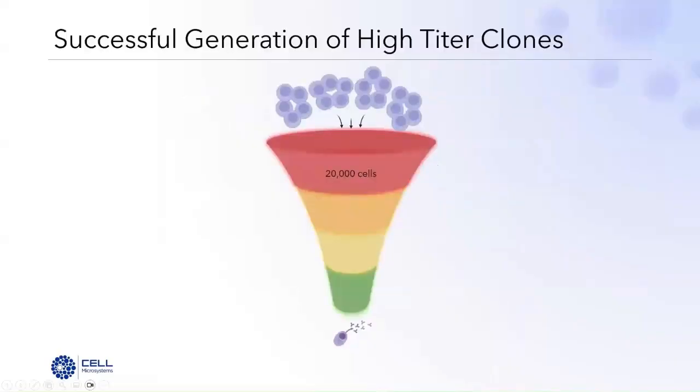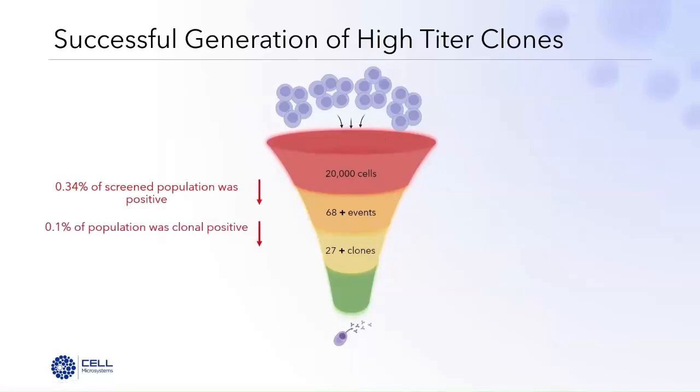So to really highlight the scope of what we did in this workflow and the importance of filling that funnel I told you about at the beginning, in this workflow we started with 20,000 parental cells. On our consumable, there were only 68 positive events for antibody secretion. That represents 0.34% of the total population that was still antibody secreting.